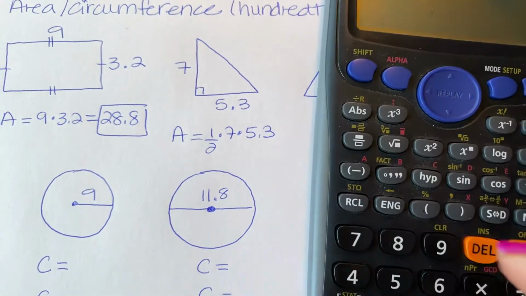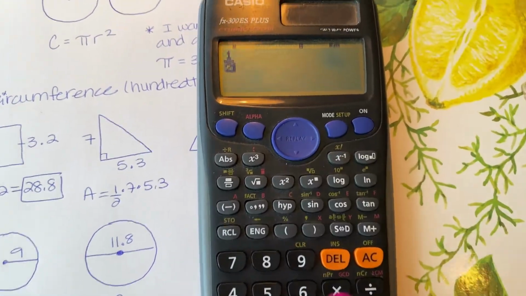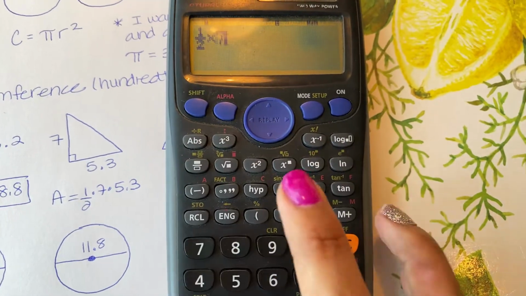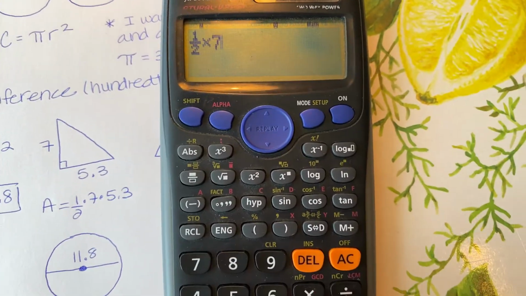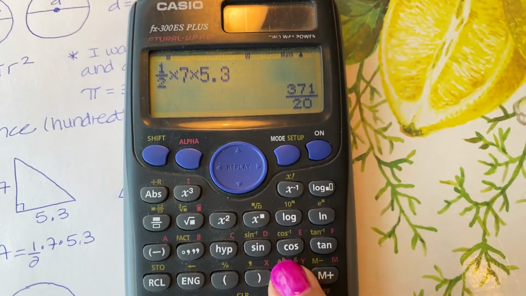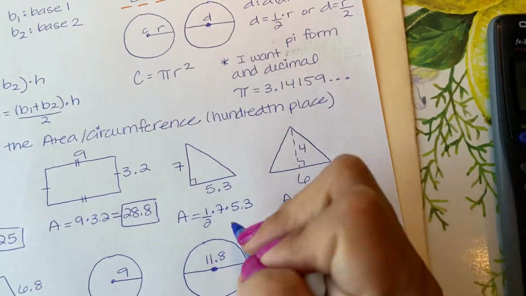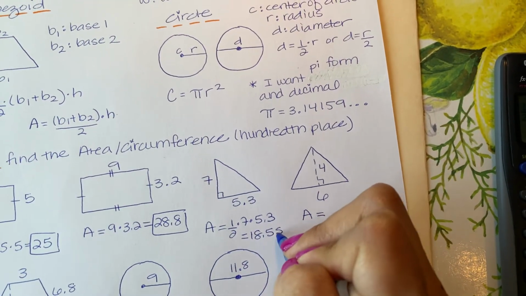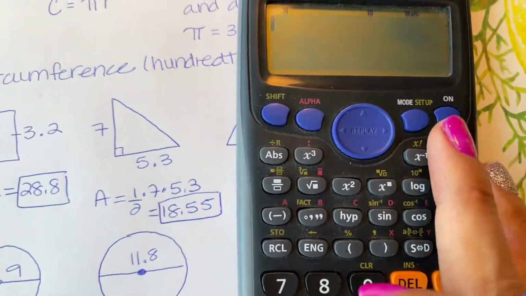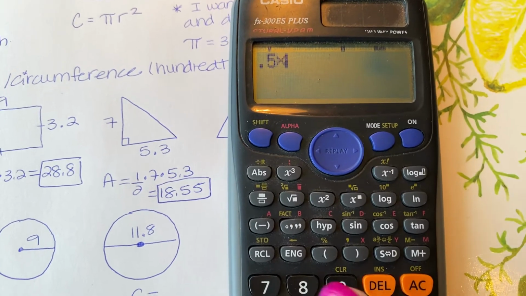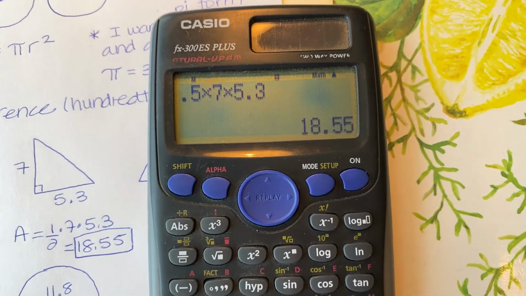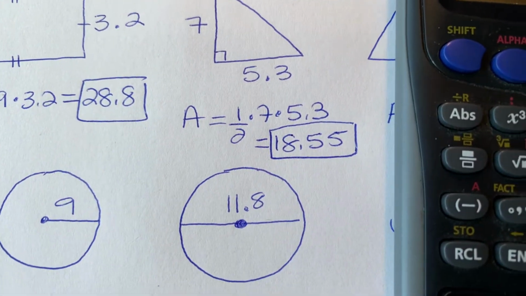So you can type the 1/2, and then you just have to click out, times 7, times 5.3, and I get 18.55, but let's do it with a decimal 0.5 instead of 1/2. So if you input 0.5 times 7 times 5.3, 18.55, I get the same answer. Okay, so again, it's just your preference.